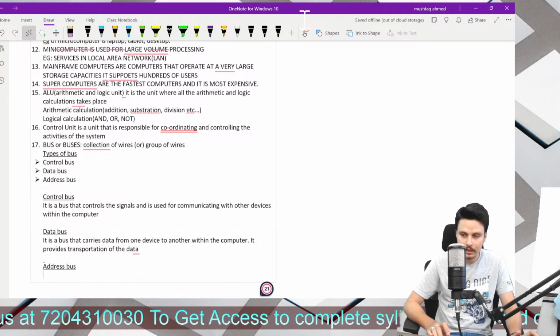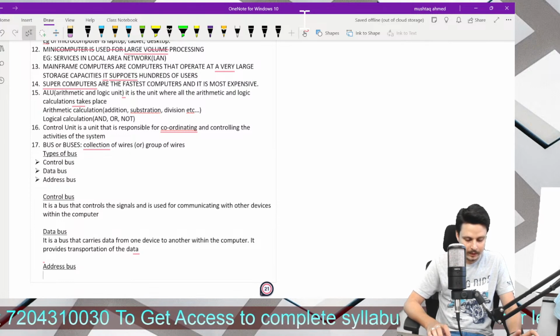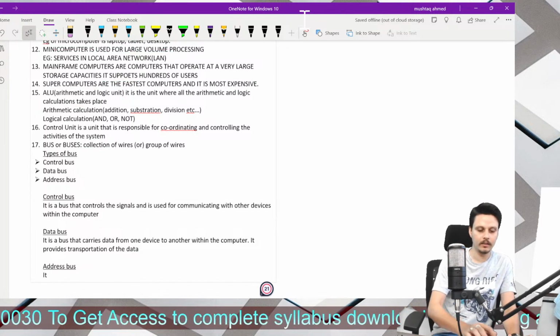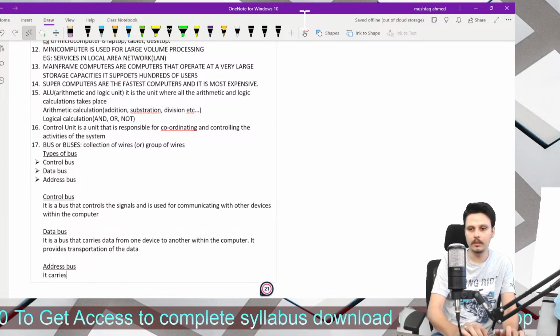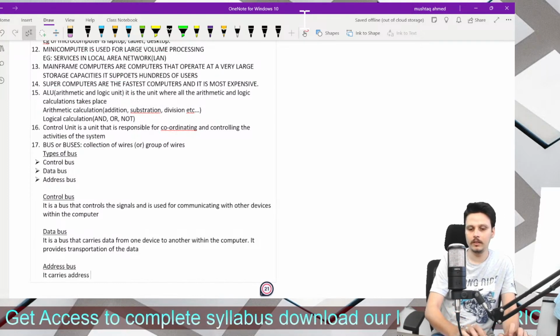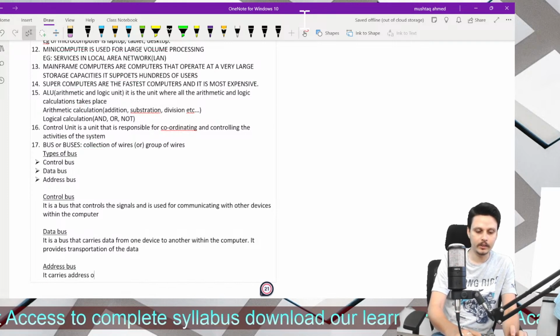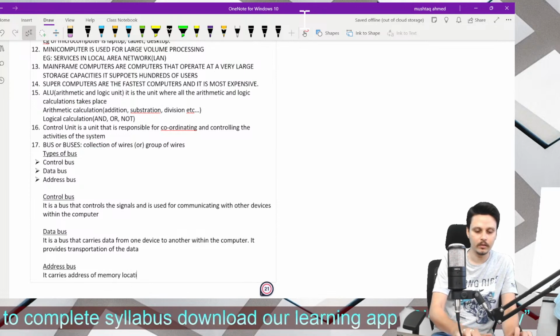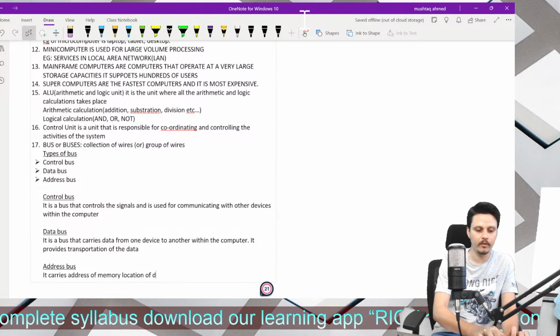Address of memory location of the data. It carries the address of the memory location. Which address? Address of memory location of data.